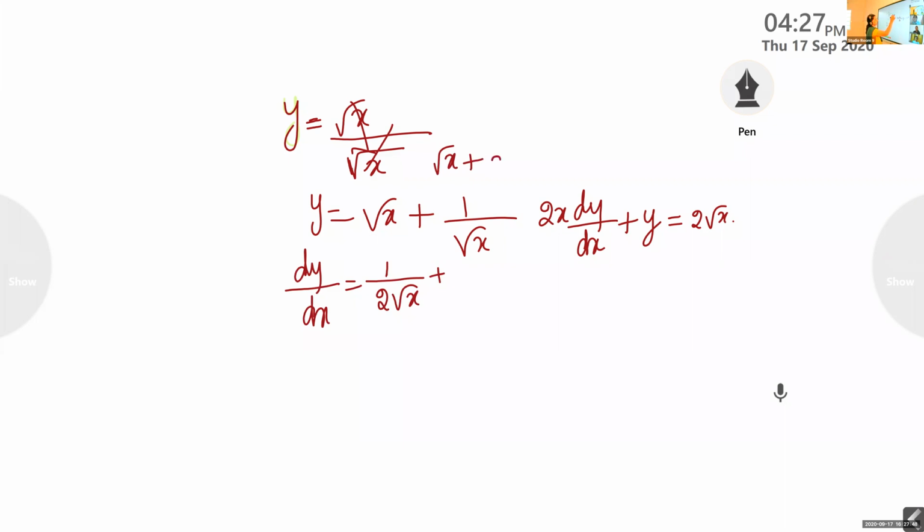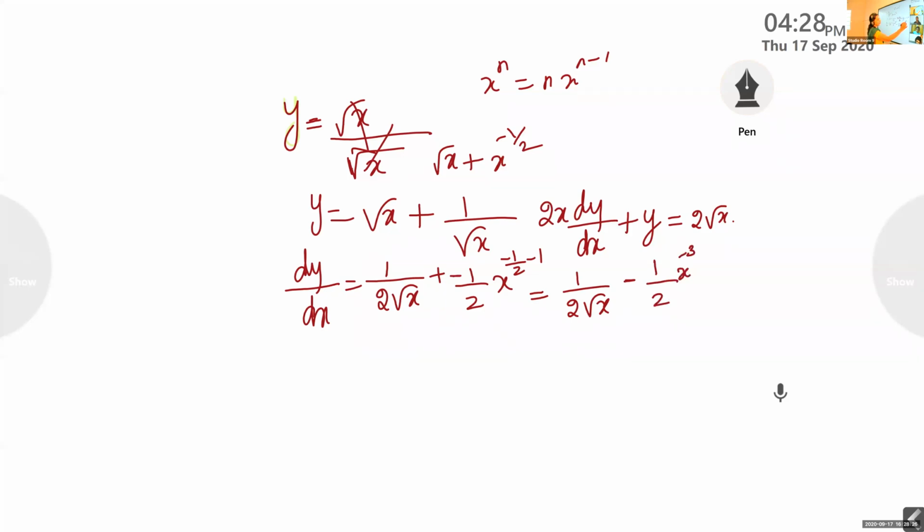So 1 by root x means is it x raised to minus half? Root means power is half. When you take it to the numerator, it will become minus half. So when you differentiate it, what is the formula of derivative of x raised to n? n x raised to n minus 1. Put the power in the front. So minus half x raised to minus half minus 1, which is the same as 1 by 2 root x minus 1 by 2 into x raised to minus 3 by 2.